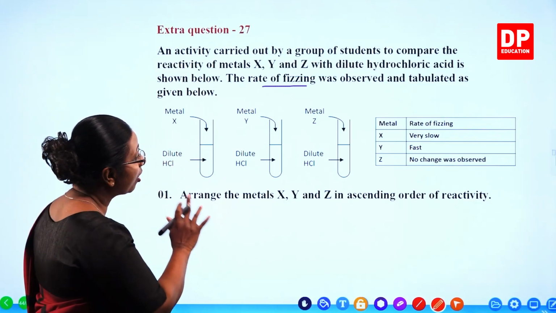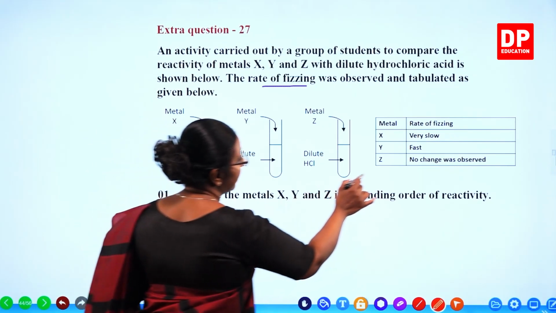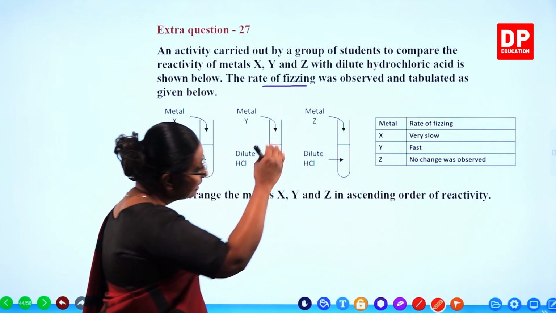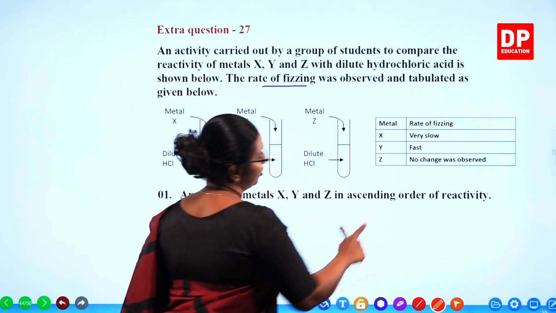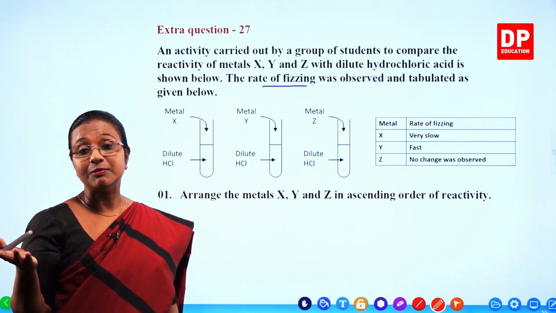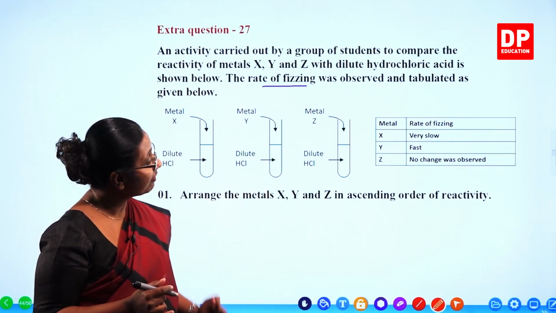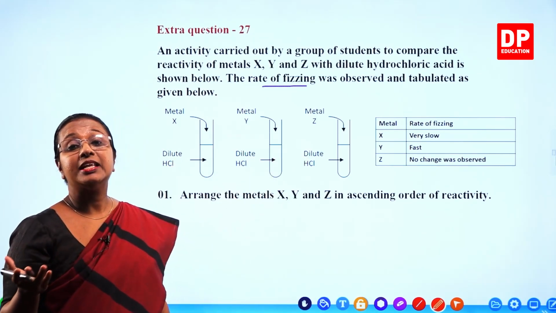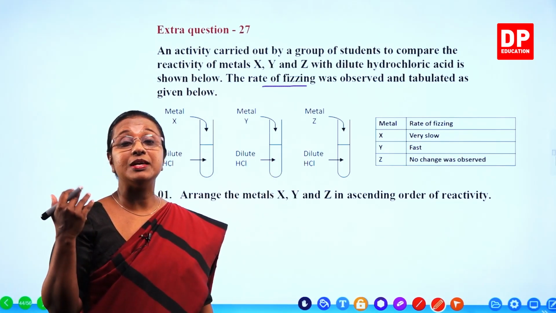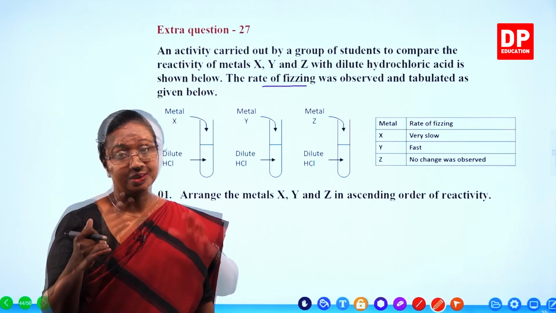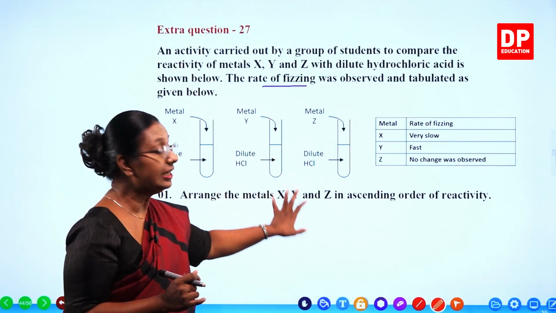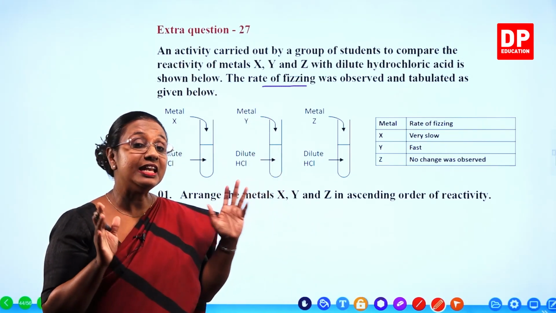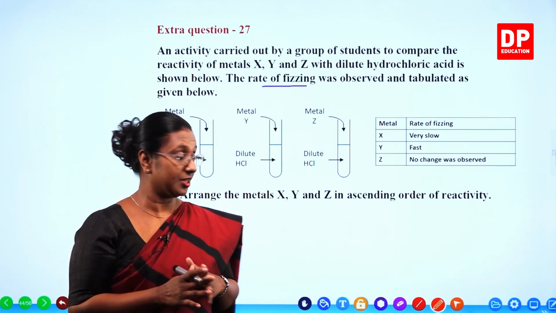So that is why copper doesn't react. So Z can be either copper or any metal below that. And here if you remember, very slow. So most likely X will be iron. And very fast or fast reaction, Y can be either magnesium, aluminium or even zinc. You should try to relate the observations that you have seen with the observations given here. Then it is easy to understand the question.